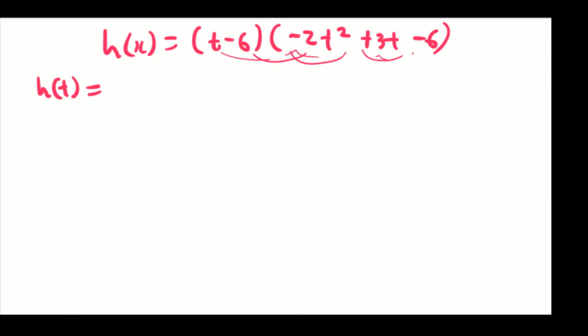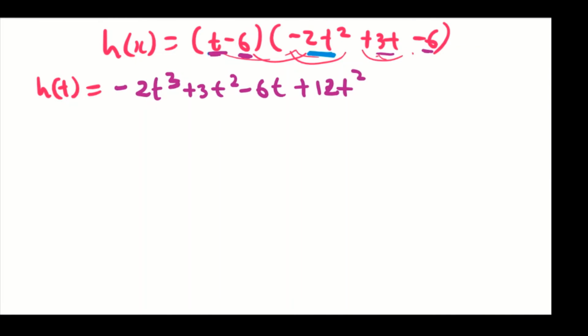If you don't know, please ask me in the comment section below. t times minus 2t squared gives minus 2t cubed, then t times 3t gives plus 3t squared, then t times minus 6 gives minus 6t. Then minus 6 times minus 2t squared is plus 12t squared, minus 6 times 3t is minus 18t, and minus 6 times minus 6 is plus 36.